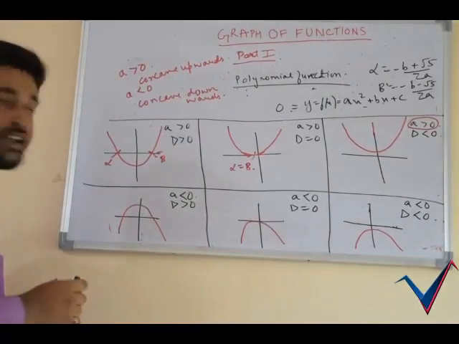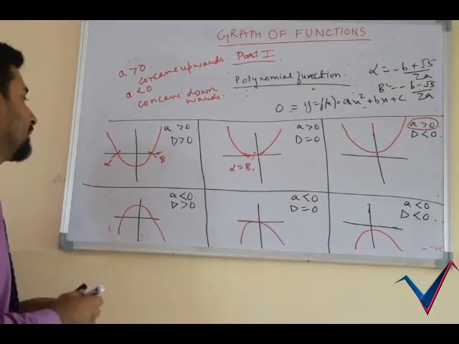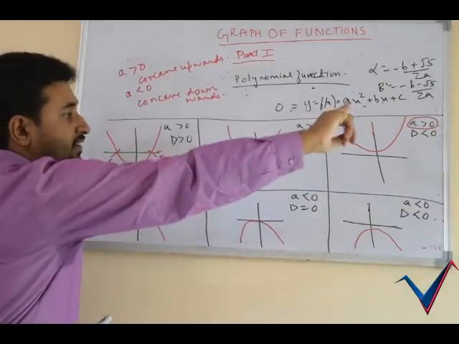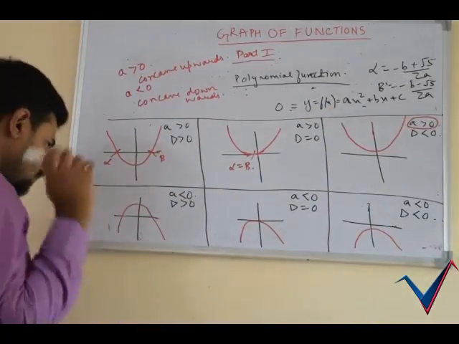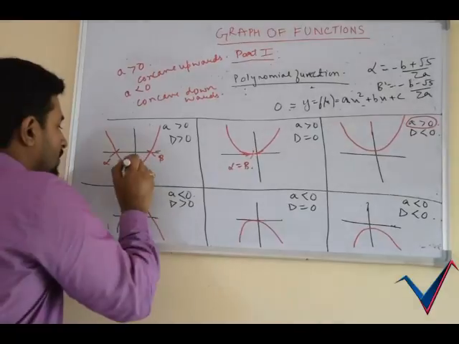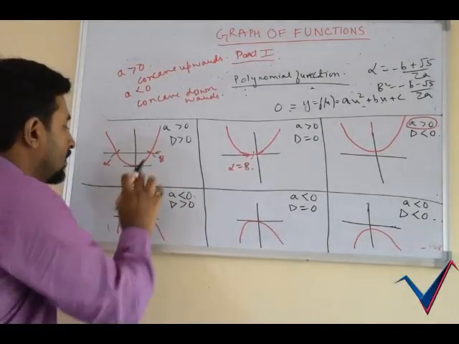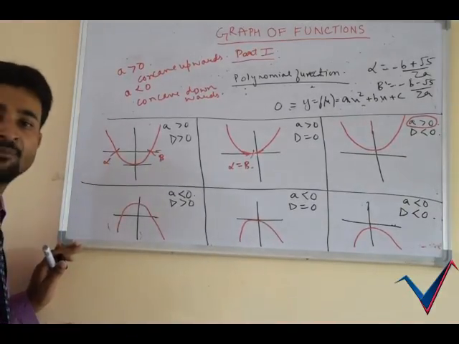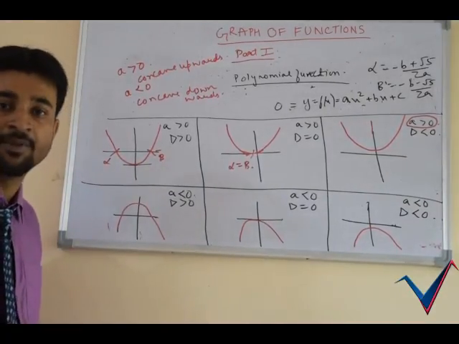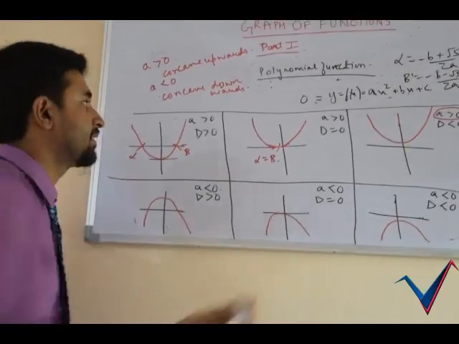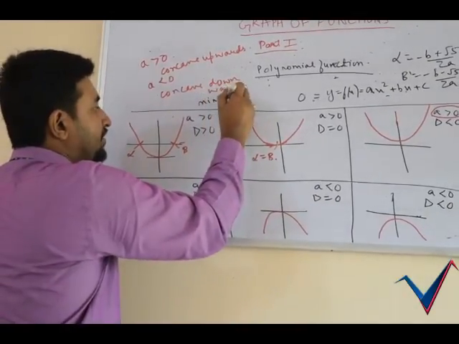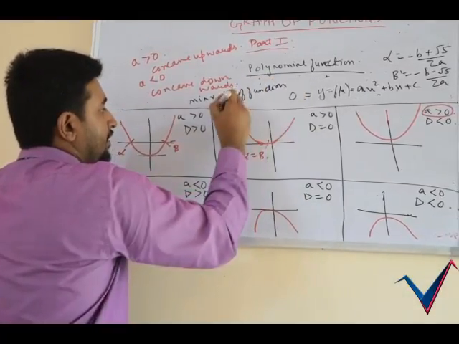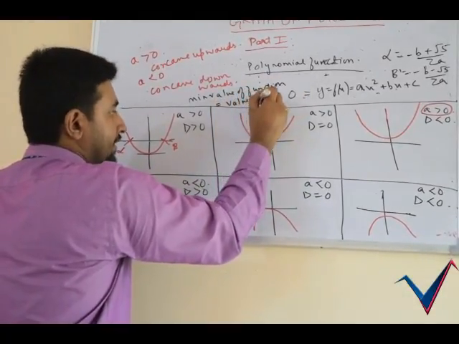So here, what do you find? The graph in the upper case is this way and the lower case is this way. For this graph, what is the minimum value? By minimum value we always mean the value of y. The minimum value of the function means the value of y.